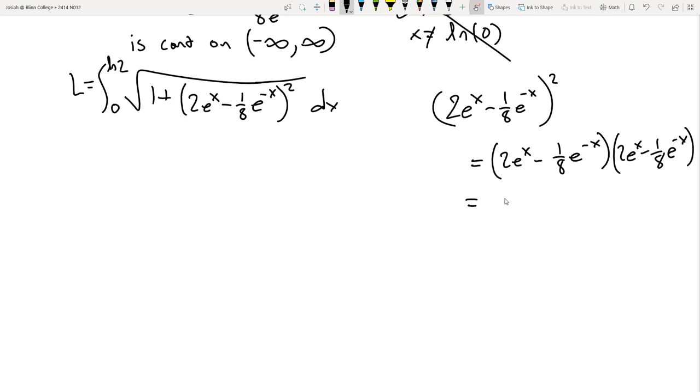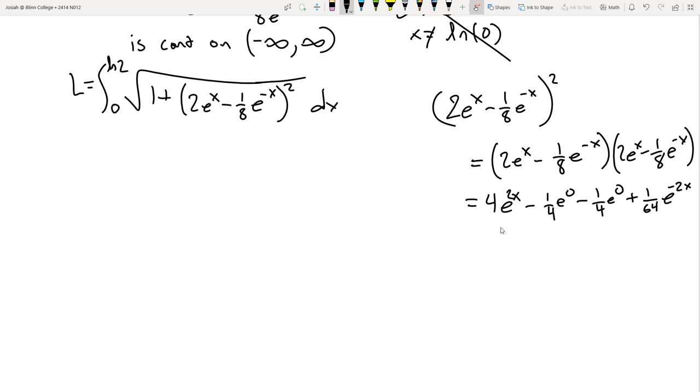We've got first e to the x squared. But we could also turn that into e to the 2x then. Outsides, we've got minus 1/4. And then e to the x times e to the negative x, that gives us e to the 0. Insides, we get the same exact thing. And then lasts, we got plus 1/64 e to the negative 2x.